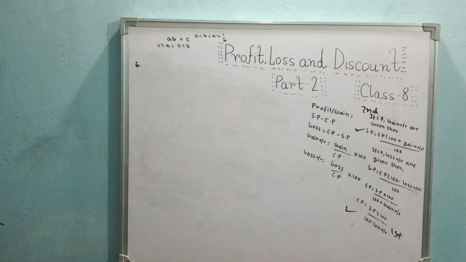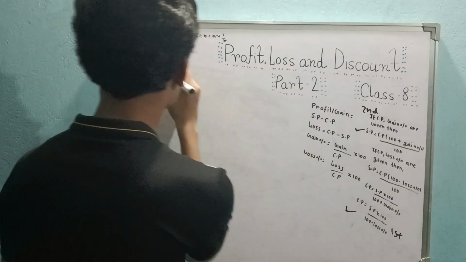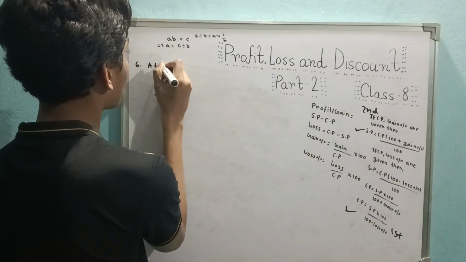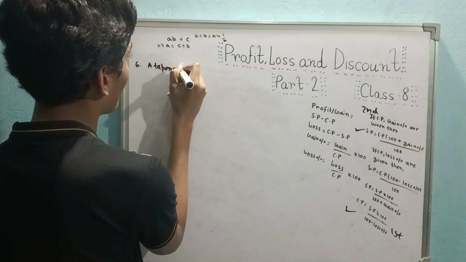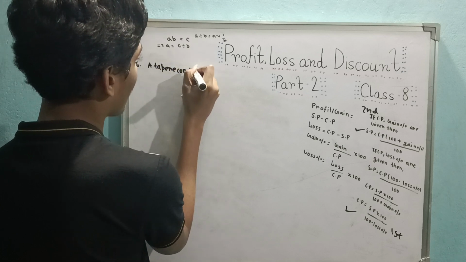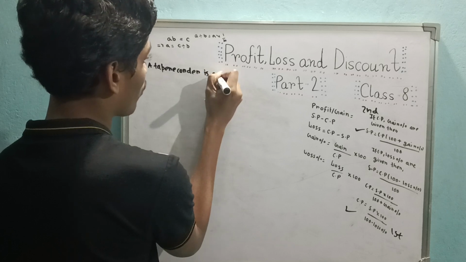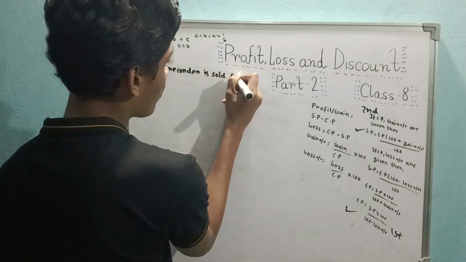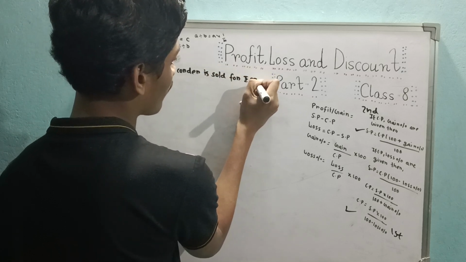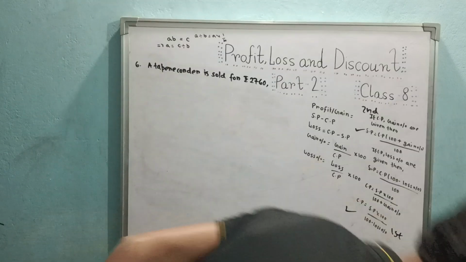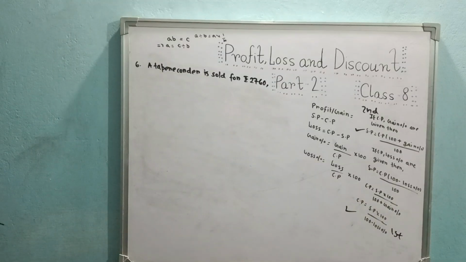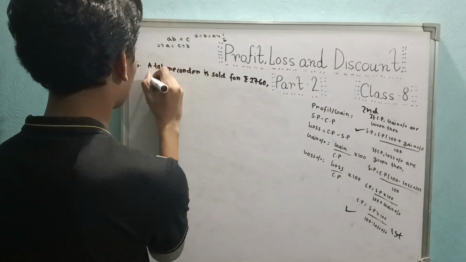A tape recorder is sold for rupees 2760 at a gain of 15%.